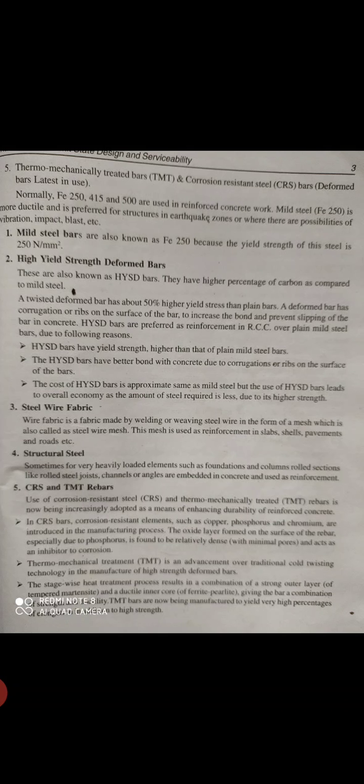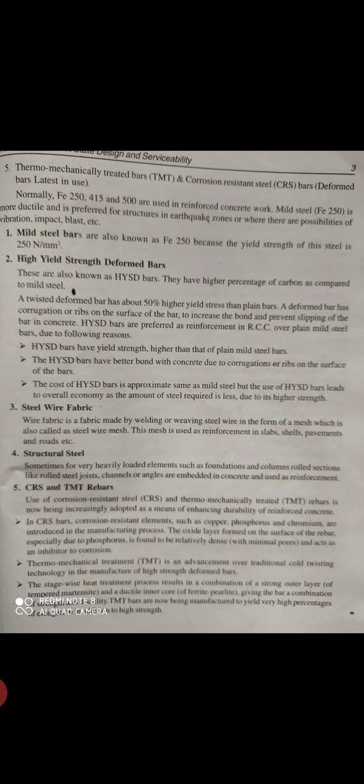The next one is mild steel bars, also known as Fe250, because the yield strength of this steel is around 250 Newton per mm square. Then the second one is high yield strength deformed bars.